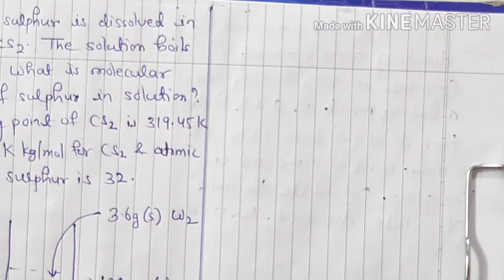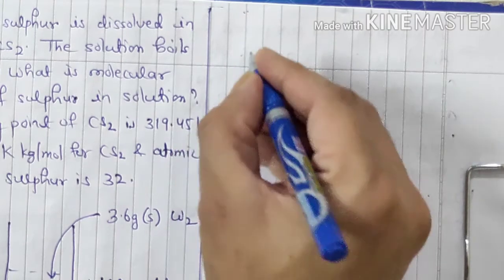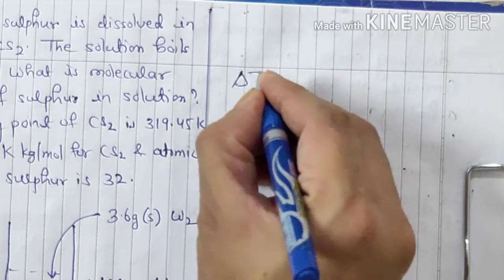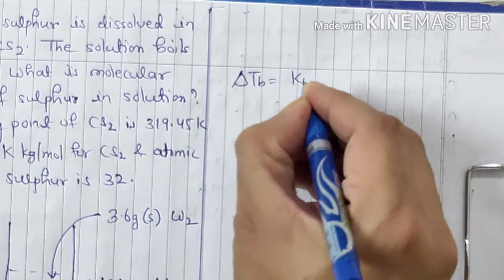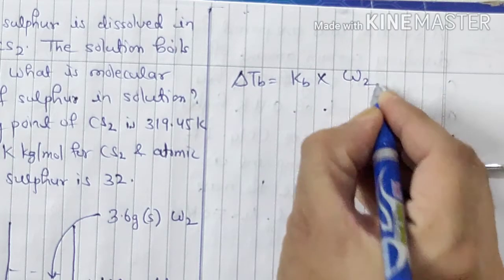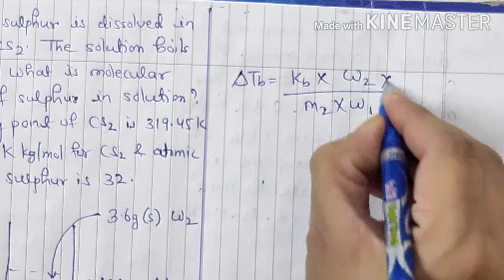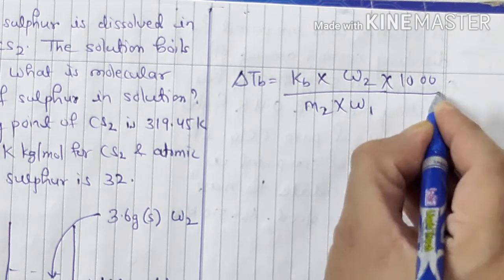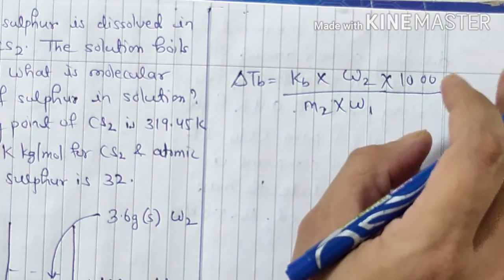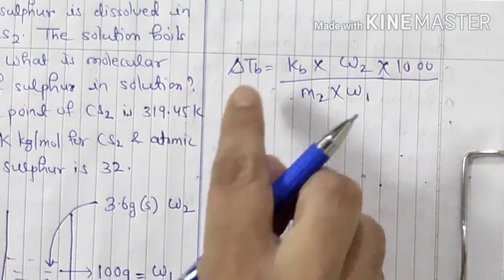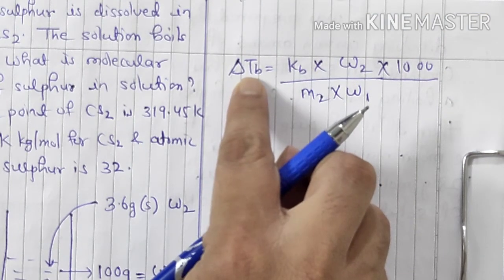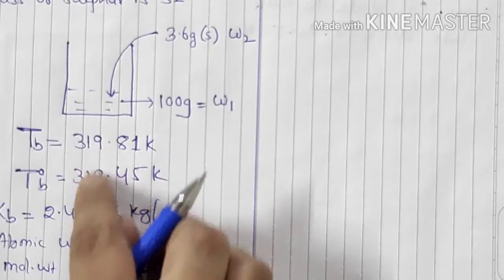I write the formula first. Delta TB is equal to Kb into weight of solute, molecular weight of solute, weight of solvent multiplied by 1000. Student, you should have the formula by heart, very well. Okay, now delta TB. What is delta TB? Delta TB is the difference between these two.